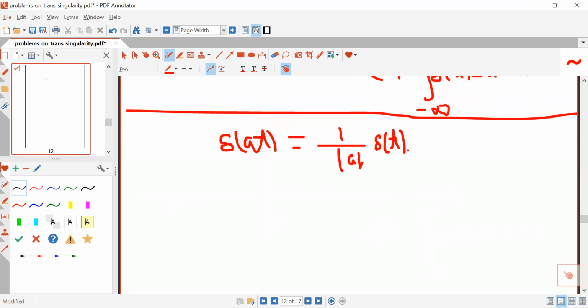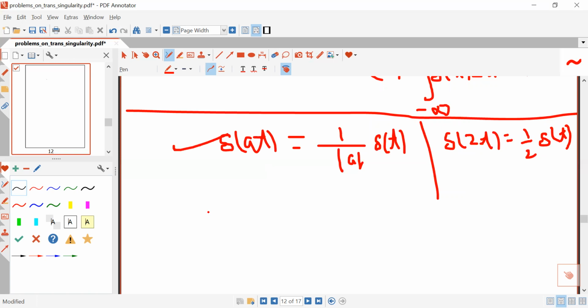It means the value of delta 2t will be equal to 1 by 2 into delta t, according to the magnitude, according to the scaling property.